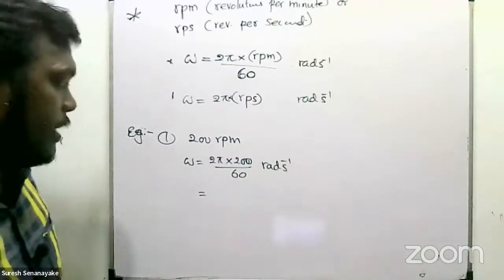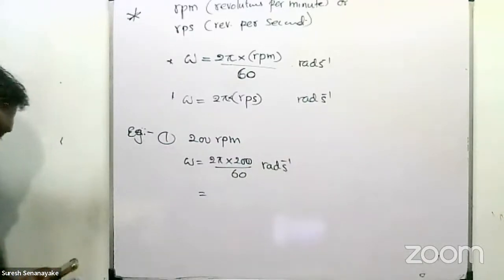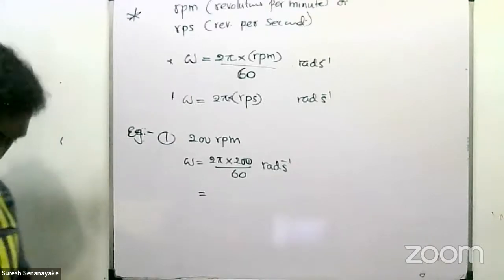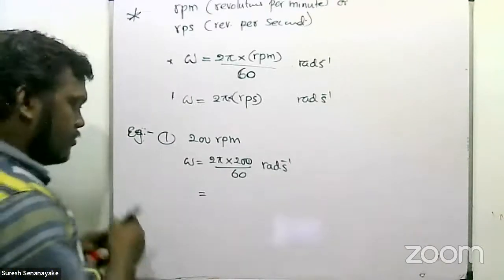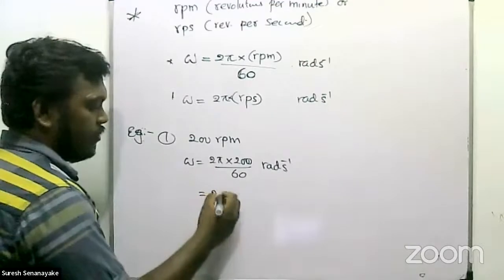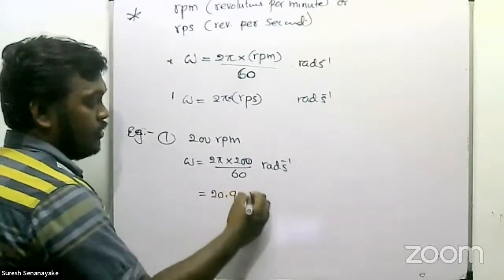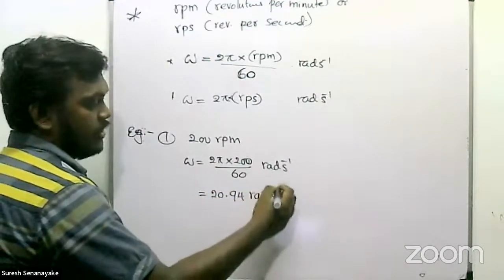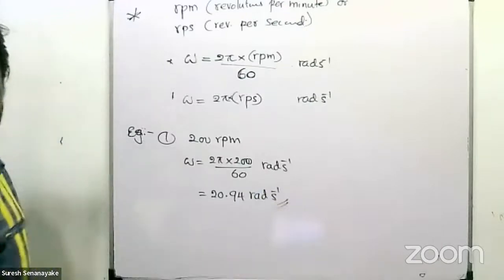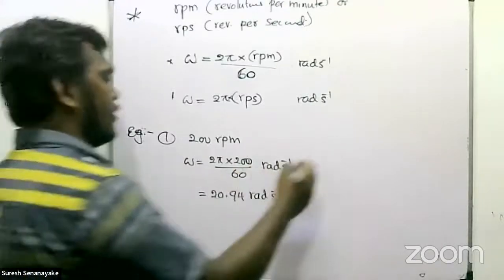You multiply this, and it is 20.94 radians per second. This is the omega. You need to write that.